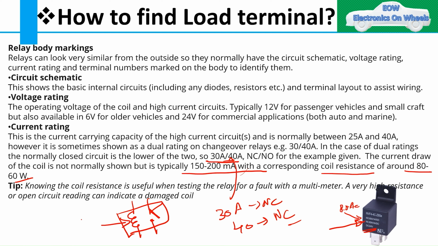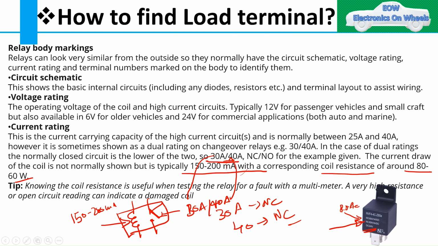Coil side current requirement would be in milliamperes, like 150 to 200 milliampere. But whatever rating is given, 30 amps or 40 amps, is given on the contact side, for the load which you are controlling, that is, how much load you can control with this relay.